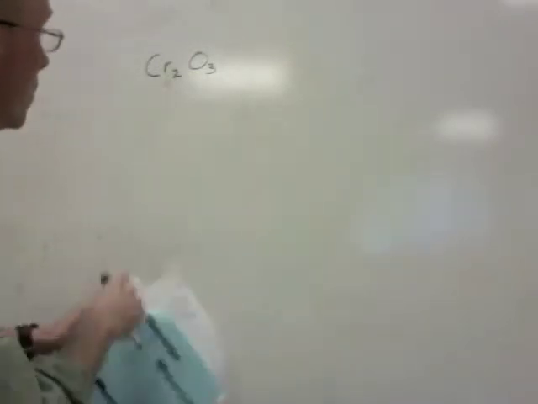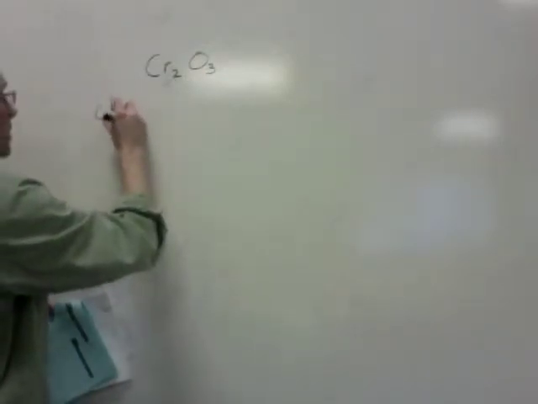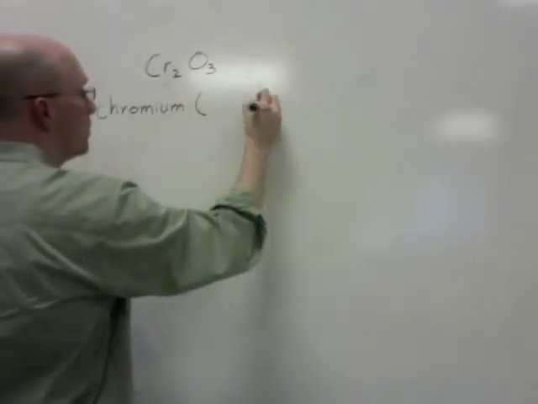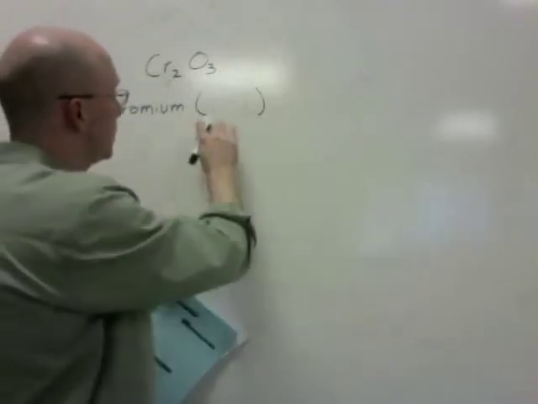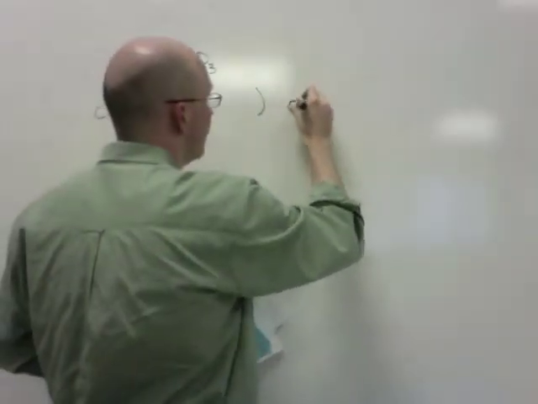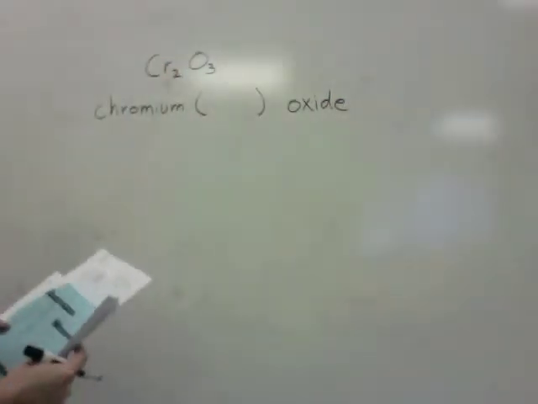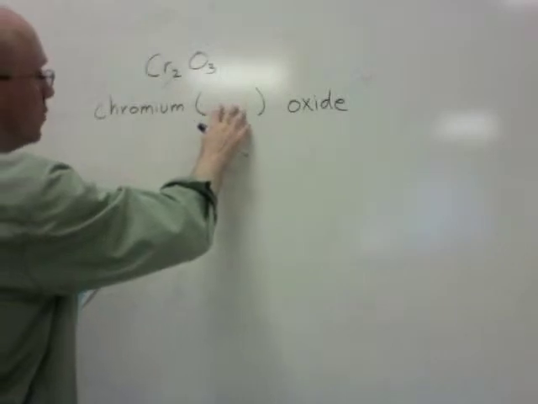Okay. So when we name this, we know it's going to be chromium with some Roman numeral in the middle, oxide. And how do you figure out what that Roman numeral is?